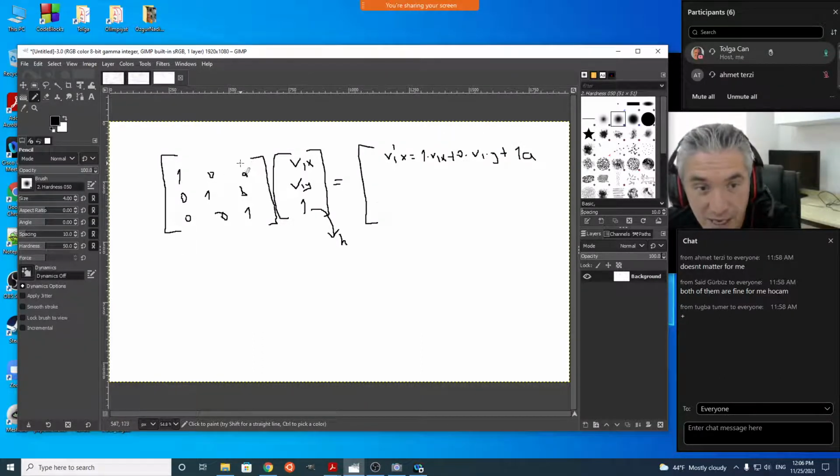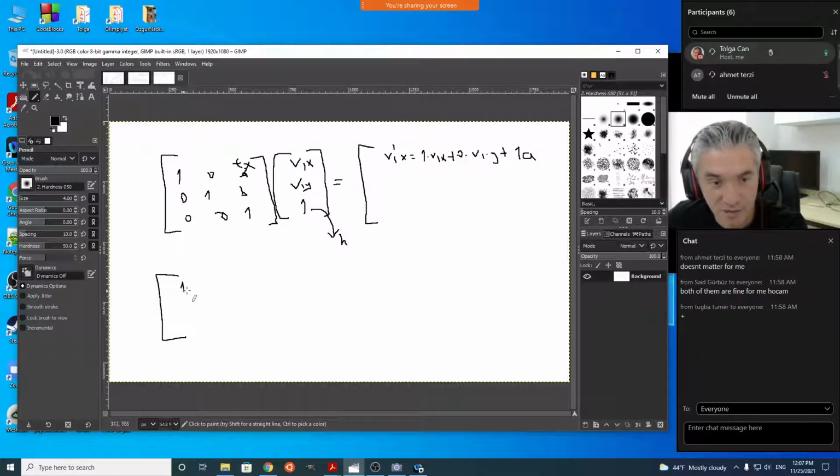Now if you put tx instead of this a, you'll see that you're able to have a linear function in which the first two terms come from your input coordinates, and whatever you put as the last term is added to your linear transformation. So we can form this matrix: 1, 0, tx, 0, 1, ty, and 0, 0, 1.